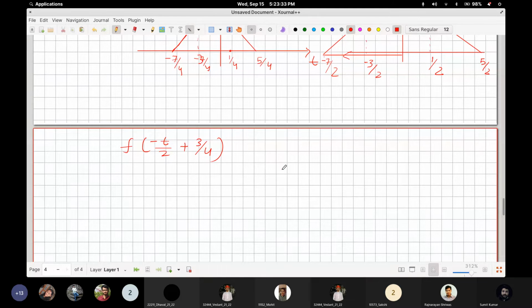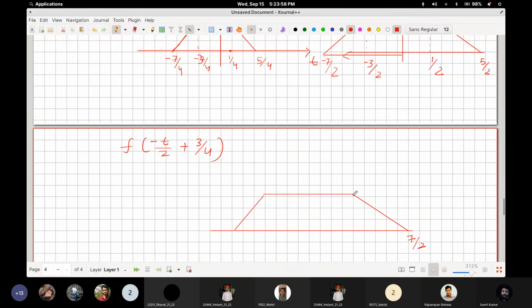Now it will be inverted. So let me draw it properly here only. So it will be something like this, and then like this. But this point will be what?